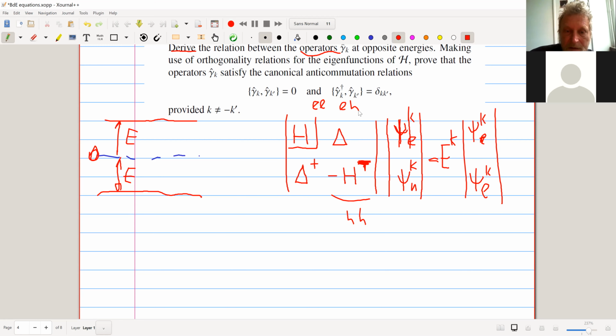So index n works within the block. Let me just conjugate it first.